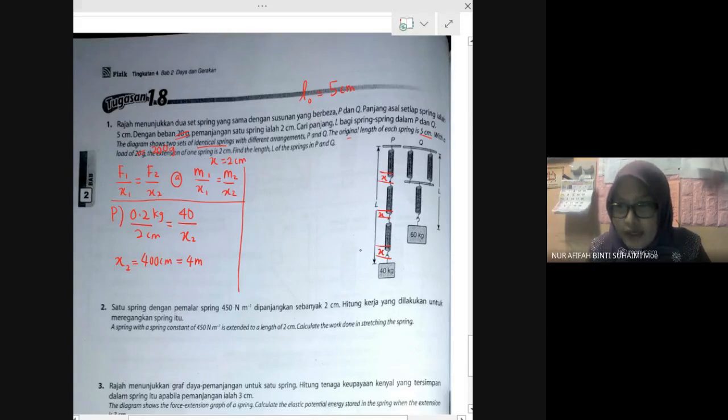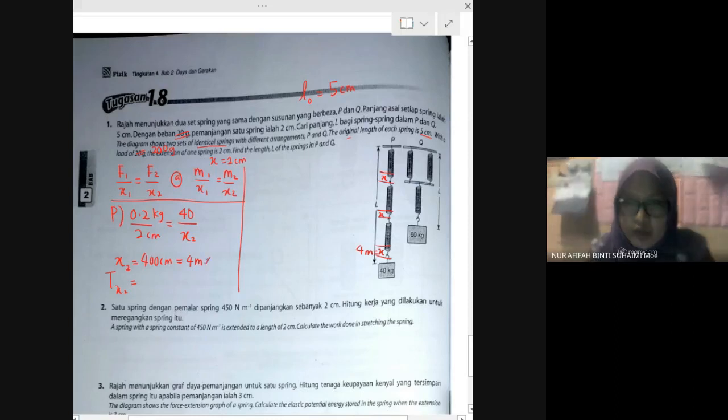So we have 3x here, right? So total x2 equal to 12 lah. 4 times 3 because we have 3 spring. So total extension is 12 meter.